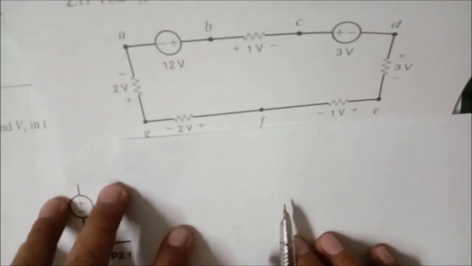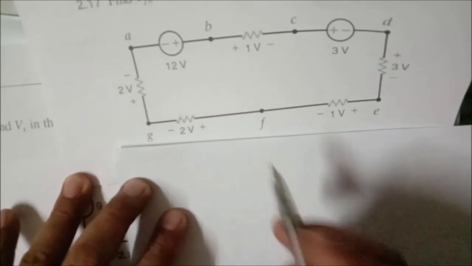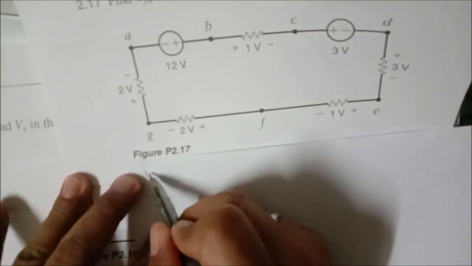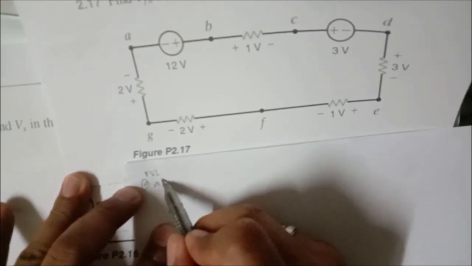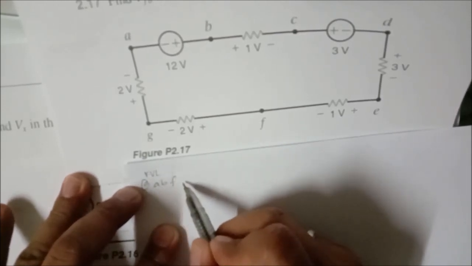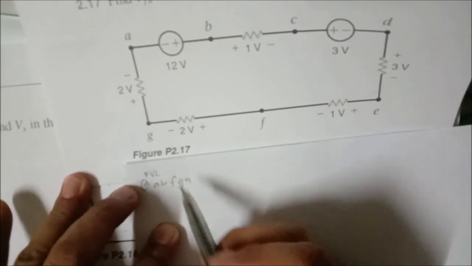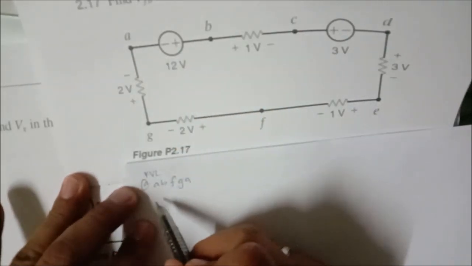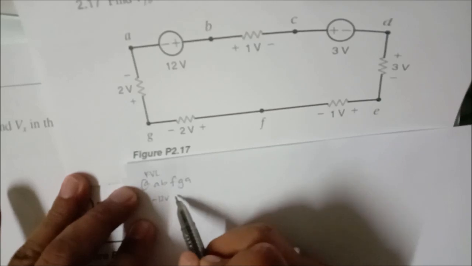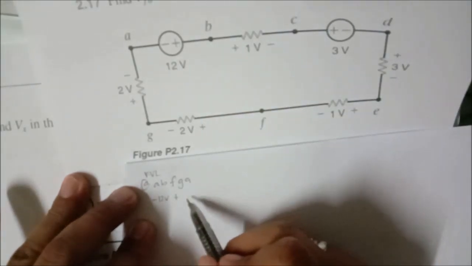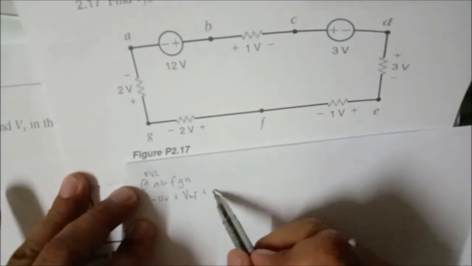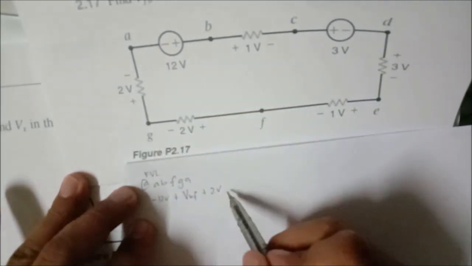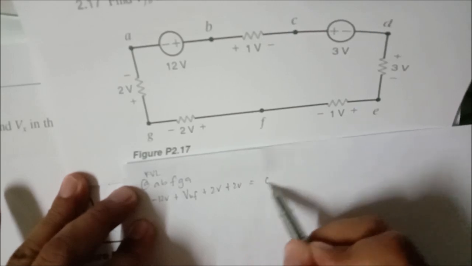KVL at FBA. So, pumasok, negative 12 volts plus V sub BF plus 2 volts plus 2 volts equal to 0.